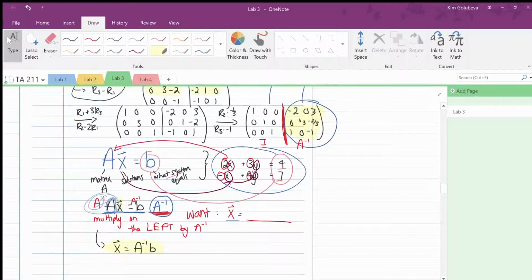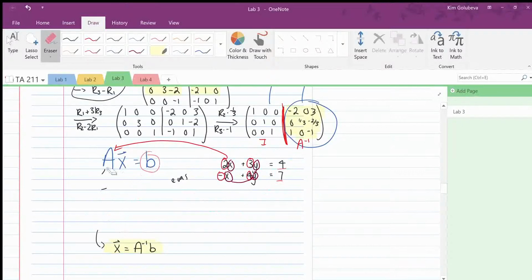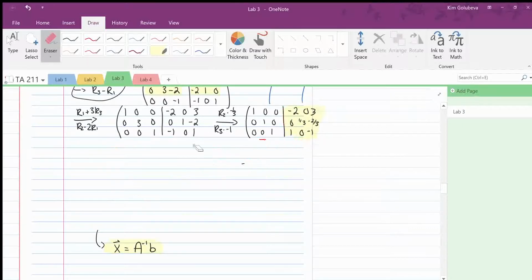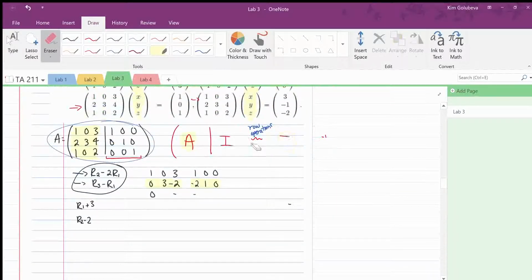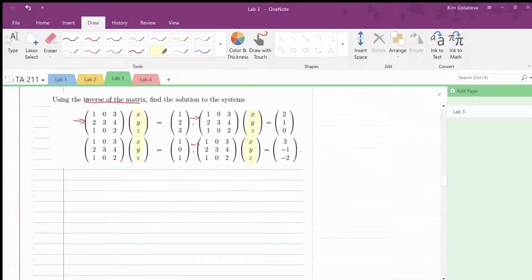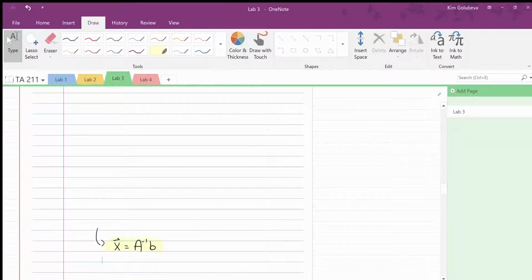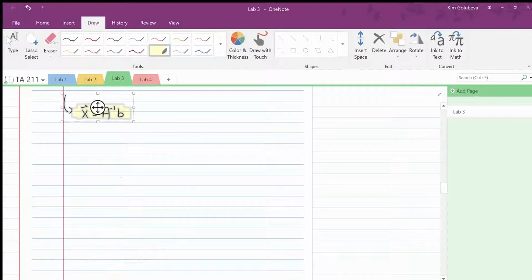I'm just going to erase this stuff here so that we can do our actual calculations. As I said before, we're trying to find our x using this formula that we found.